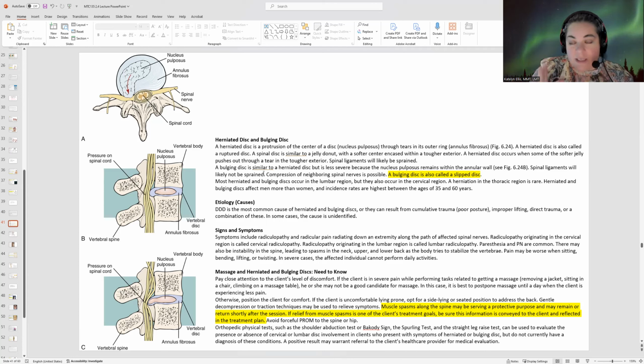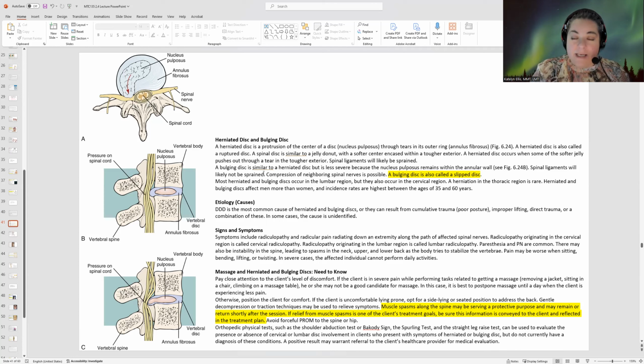So if someone is coming to you complaining that they want a massage because their back keeps spasming and really hurts, make sure that you convey to them, and also put in your SOAP notes that you documented this and spoke to them, that you can work on their back to calm those spasming muscles.